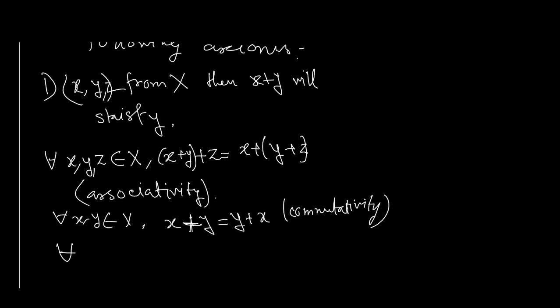Now this one is very important. There exists a unique element 0 belonging to X, such that for every x belonging to X, zero plus x becomes x, right?